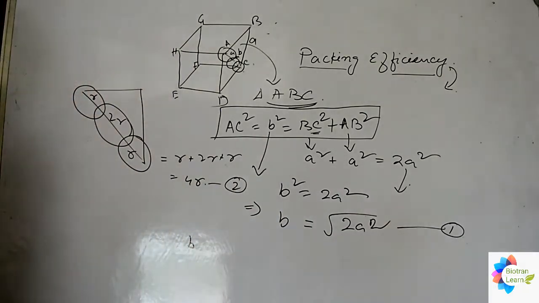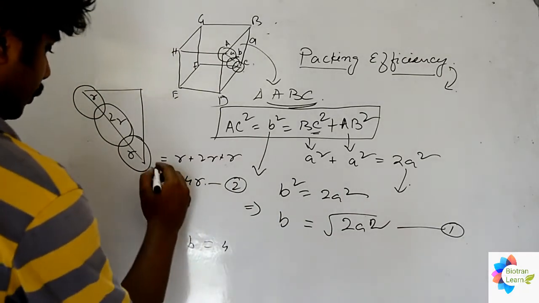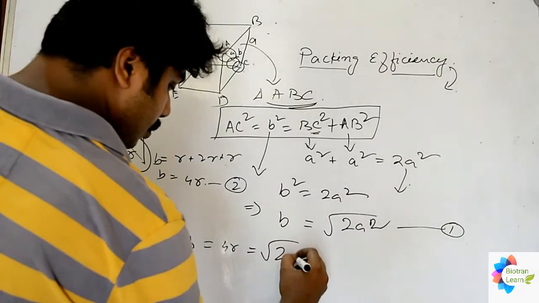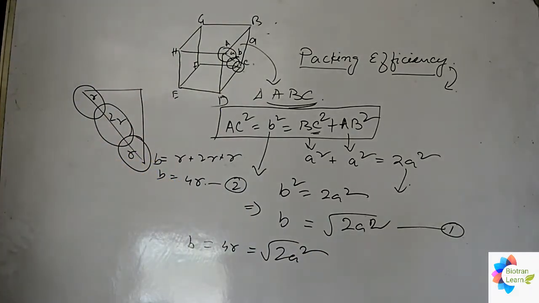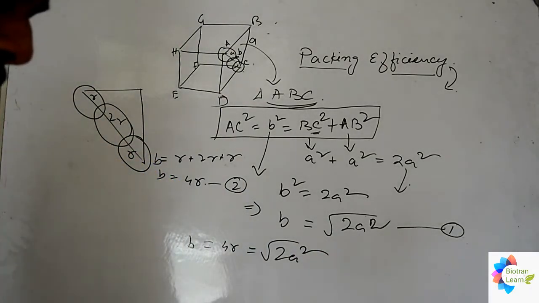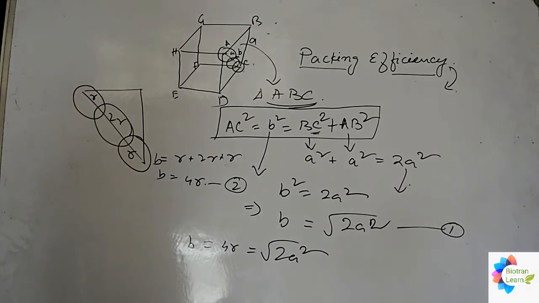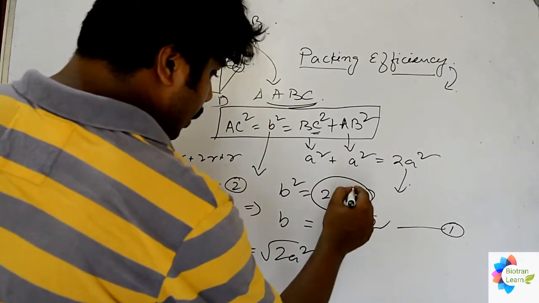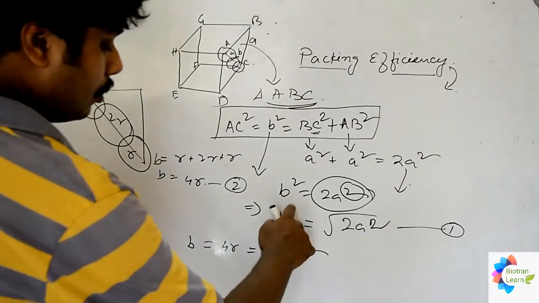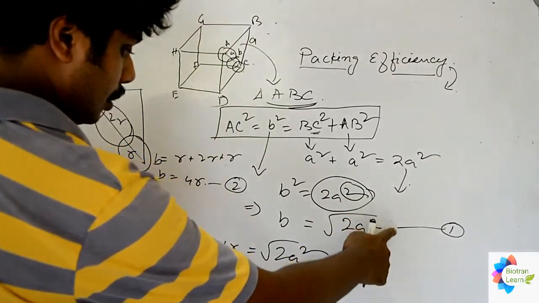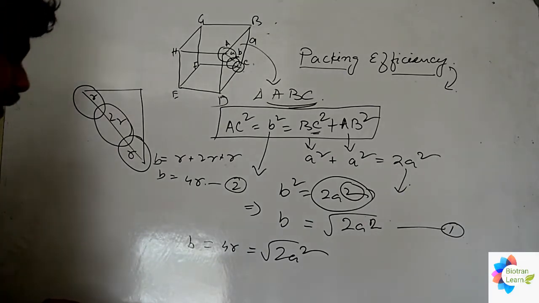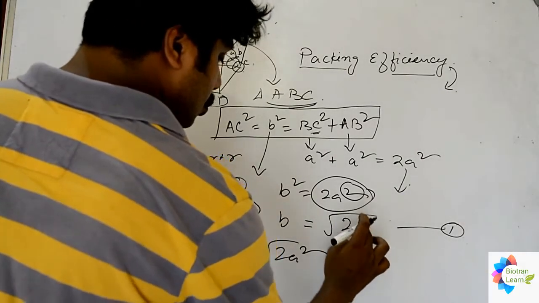B will be equal to 4R, right? 4R will be equal to root over 2 A square, right? Now in this particular section, can you see that the square will not be there because we have already converted this one. So there will not be any kind of square in this one. Then we will get B is equal to 2A, right?